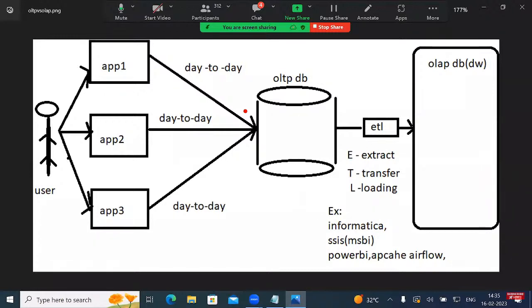This is how you set your job schedules, depending on your business. That is how they manage their TP and AP databases.